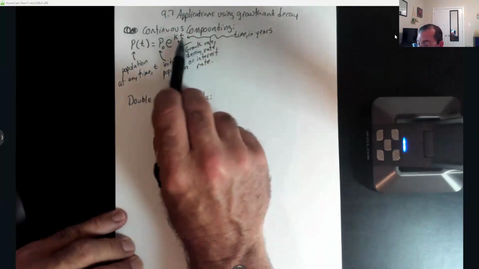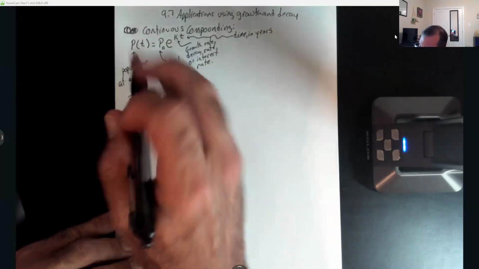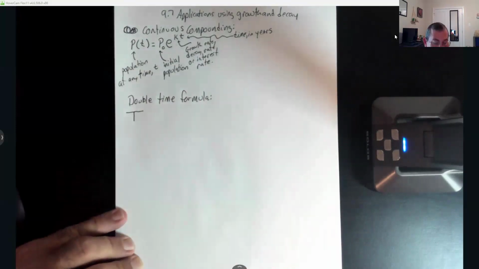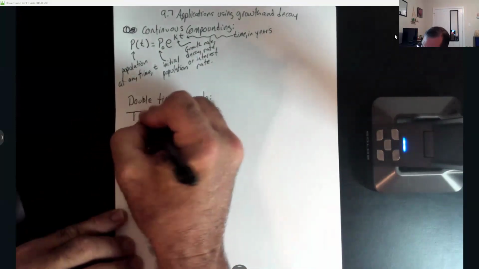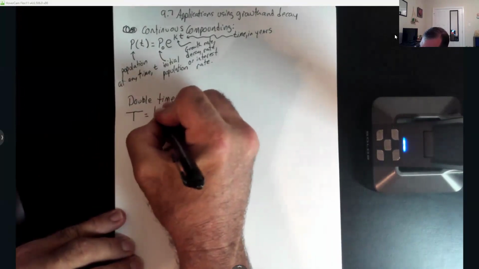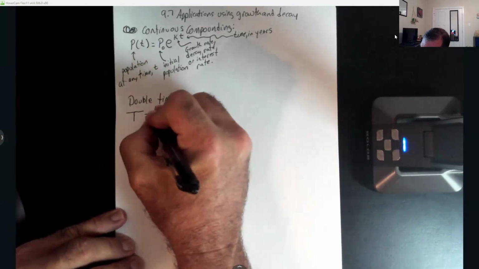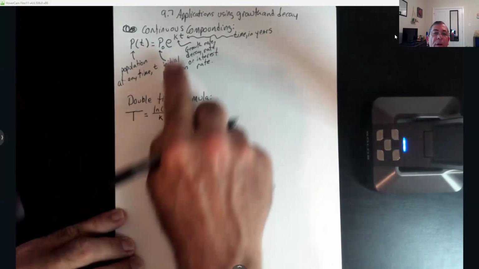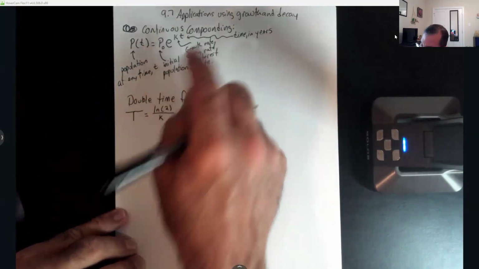Now, instead of a little t like time has, double time has a capital T. And y'all, the double time equals ln of 2 divided by k. And remember, k is the growth rate.